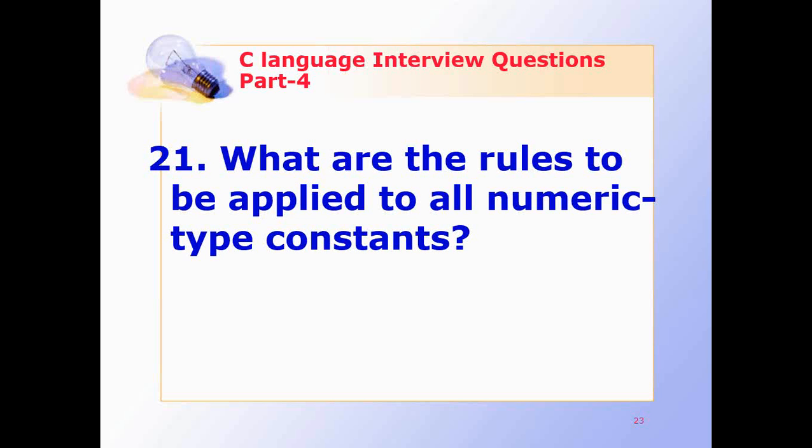If either sign does not precede the constant, it is assumed to be positive. The value of a constant cannot exceed specified minimum and maximum bounds. For each type of constant, these bounds vary from one C compiler to another.